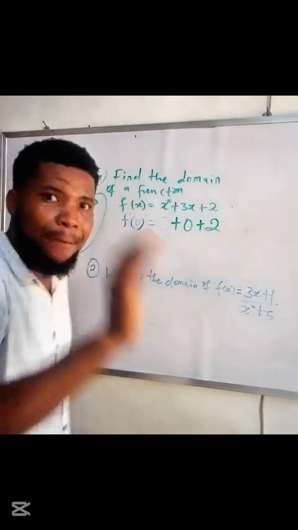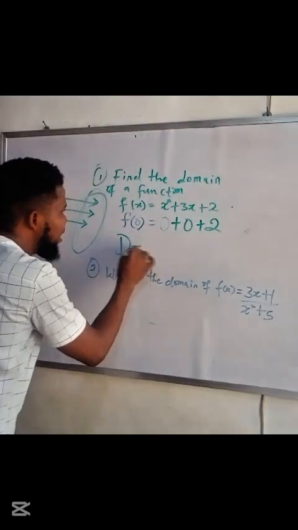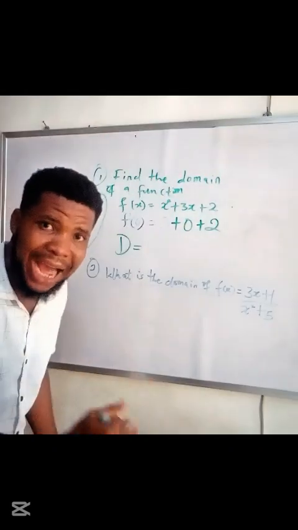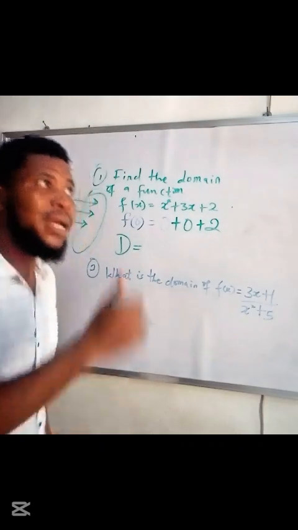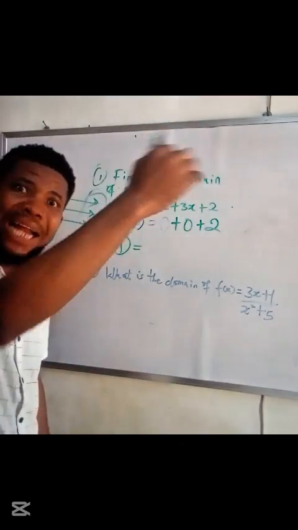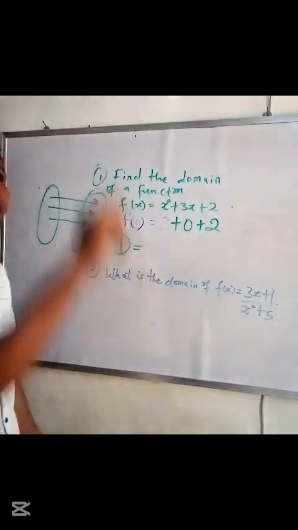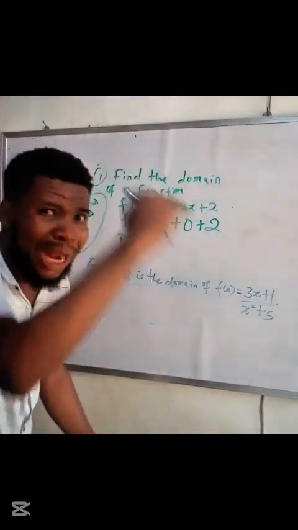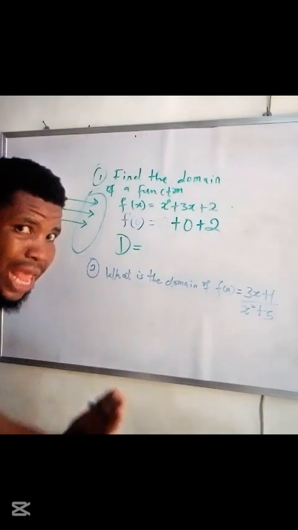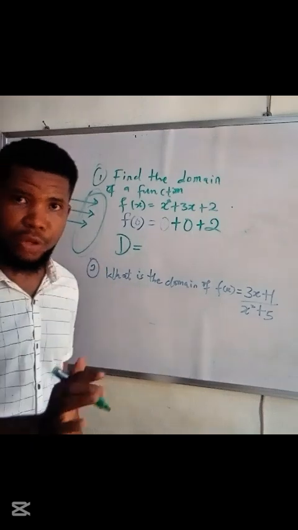You understand me? So that means our domain, that is, the set that can enter our domain. Remember, the set that can enter our domain are those numbers that, when you put them in, you must get a result. Any number that gives you 0 must not be part of your domain. That is the whole idea of finding your domain. You understand?